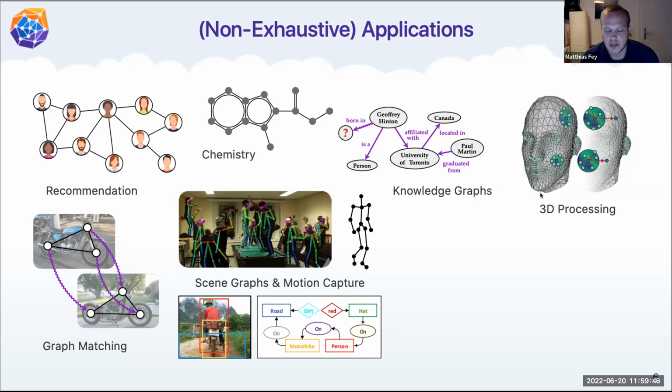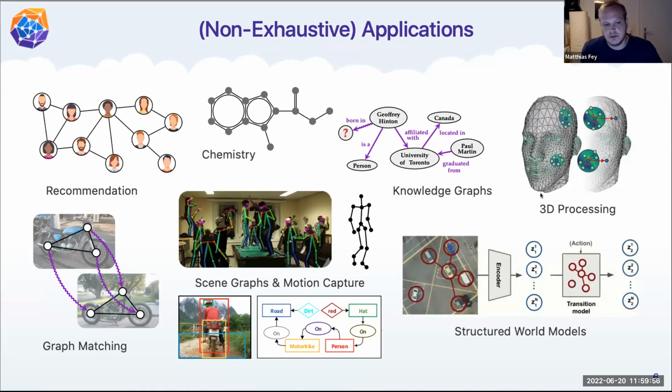And now we can use GNNs to operate on this skeleton data and to process this data. One of the most rising fields where GNNs are used is structured world models, where we no longer see our world as an unstructured place that gets squeezed into a single latent vector, but we actually first learn about objects in our world and then can use GNNs to relate these objects and to make better predictions afterwards.